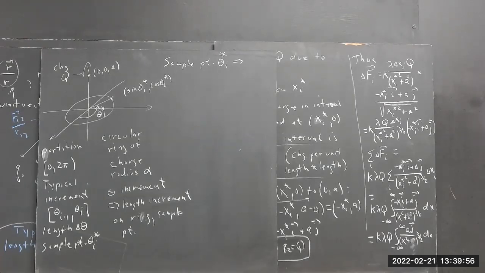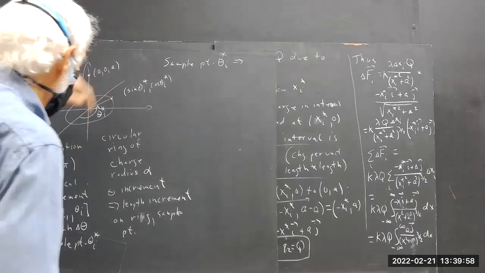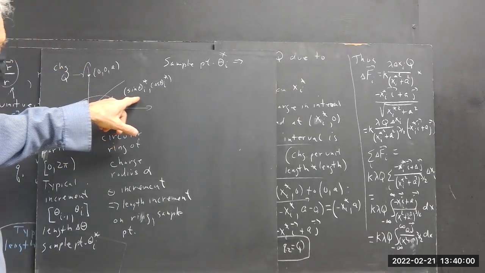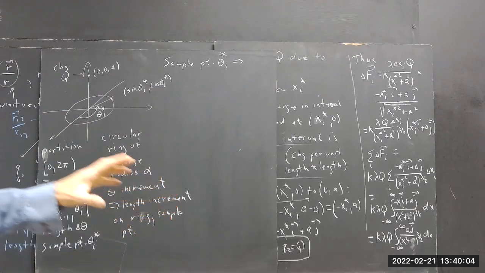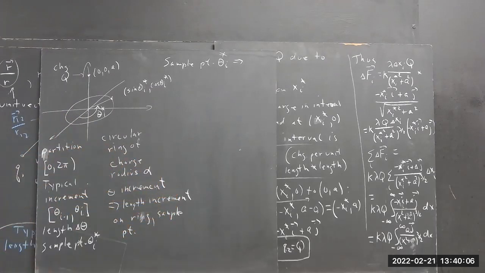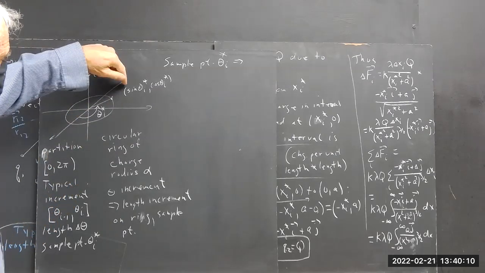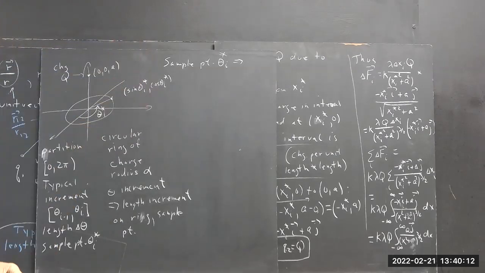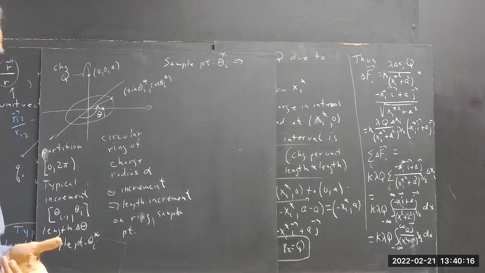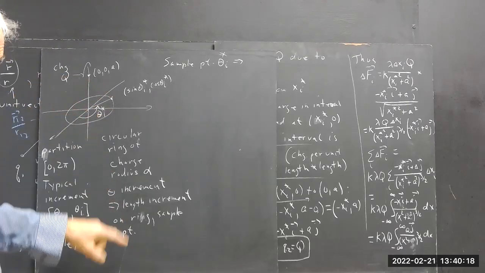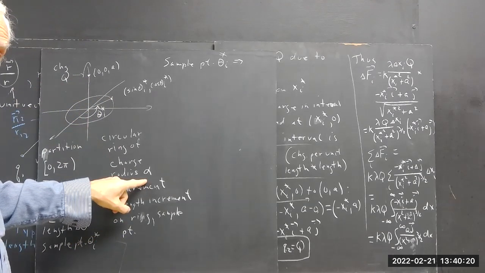Okay, so the first answer I got to the point on the ring is sine theta sub I star, cosine theta sub I star. It's not bad, but we want to make sure it's correct. In the first place, sine theta sub I star, cosine theta sub I star is a point on the unit circle. Okay, this isn't a unit circle, it's a circle of radius alpha.